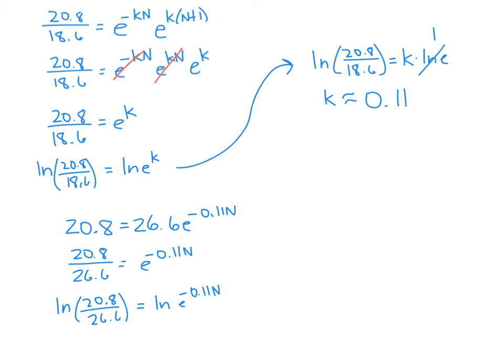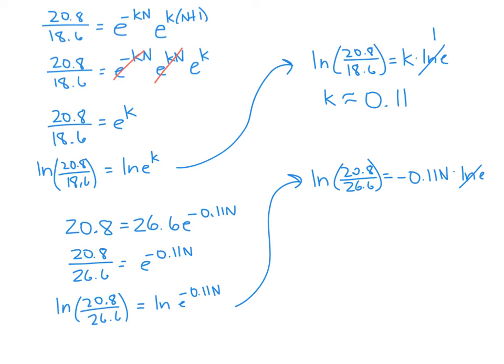Now we can bring the exponent out in front. So what we have here is the natural log of 20.8 divided by 26.6 is equal to a negative 0.11 times n times the natural log of e, which is just 1.